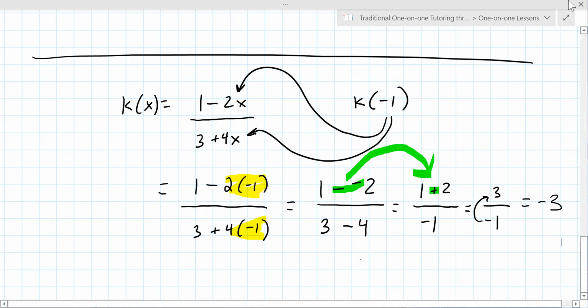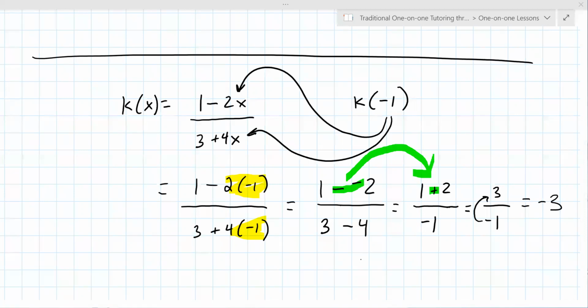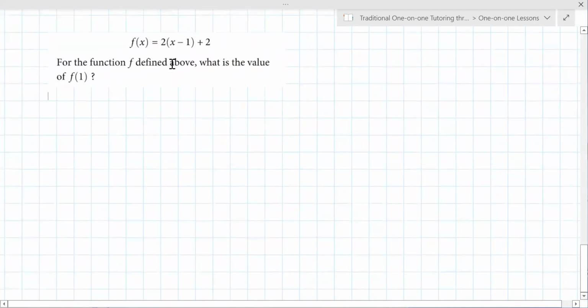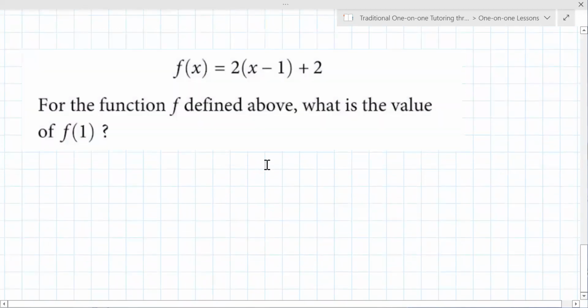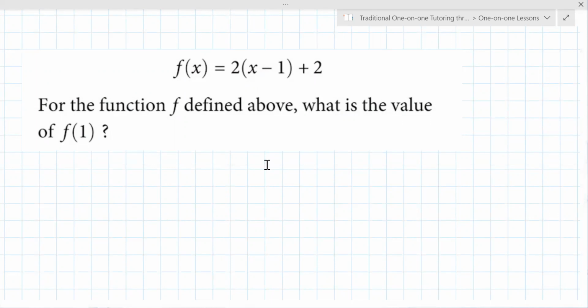All right, let's try a new problem. All right, so here's a new problem here. Completely new problem. Can you read it out loud for us? Okay.